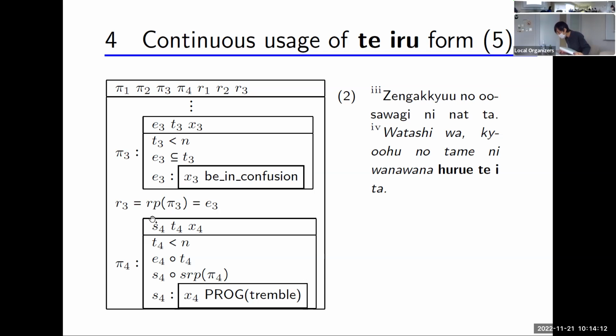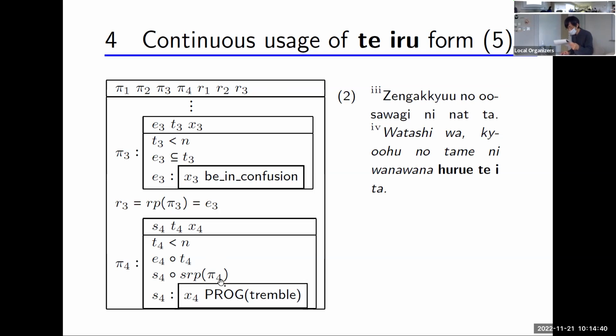So here is a function SRP. This means sister's reference point. So that means SRP of pi 4 is the RP, that is the reference point, of the counterpart with which pi 4 is related by a certain discourse relation.